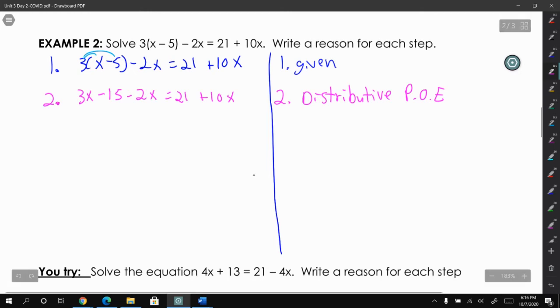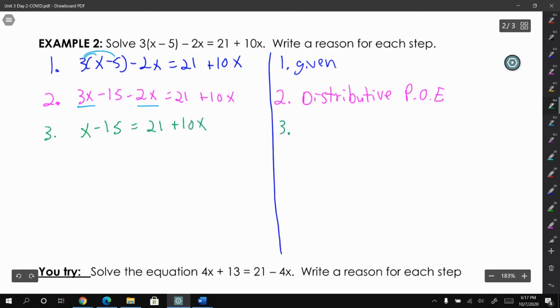Now what I would do is I look at the left side and I see 3x minus 15 minus 2x. I would combine those. I would combine my like terms. So I would say, okay, 3x minus 2x is 1x. So my third step would be to write x minus 15 equals 21 plus 10x.